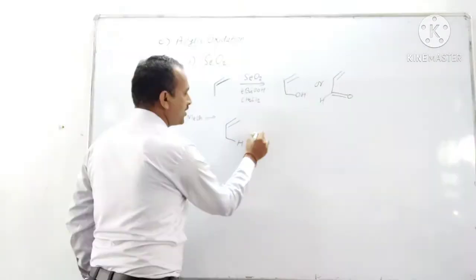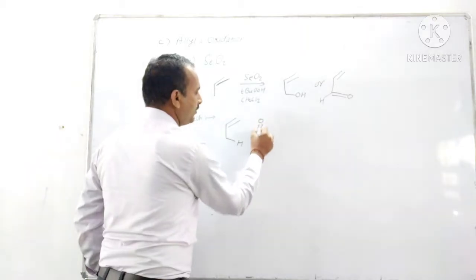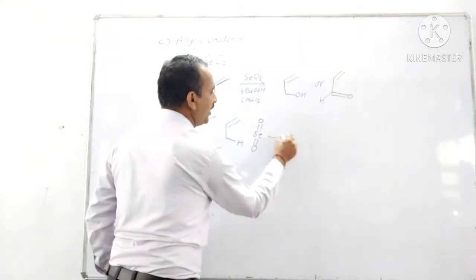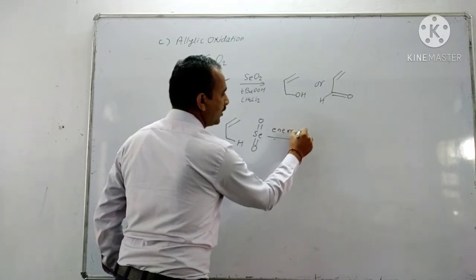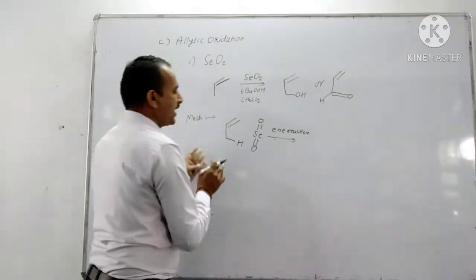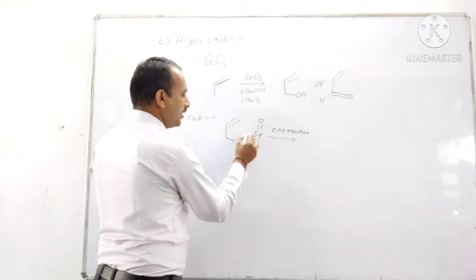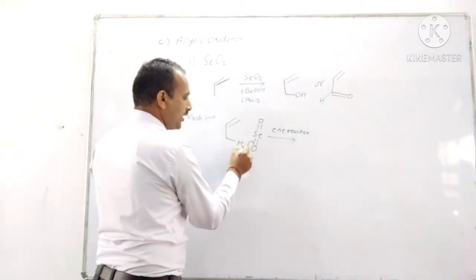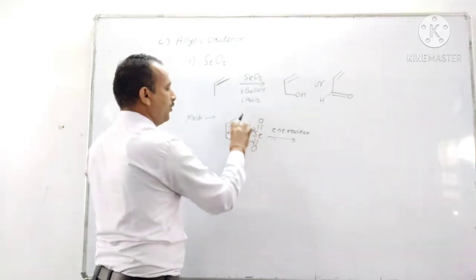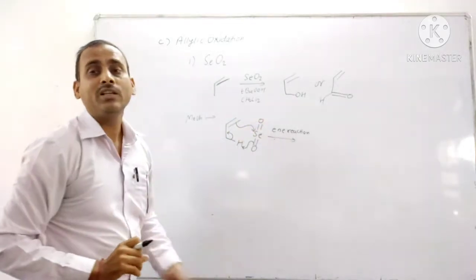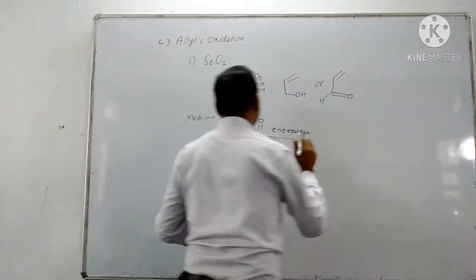Now here selenium dioxide undergoes an ene reaction, that is a 4 plus 2 cycloaddition reaction. Here this oxygen takes the proton, this bond shifts here, and this attacks on selenium. So the ene reaction takes place.